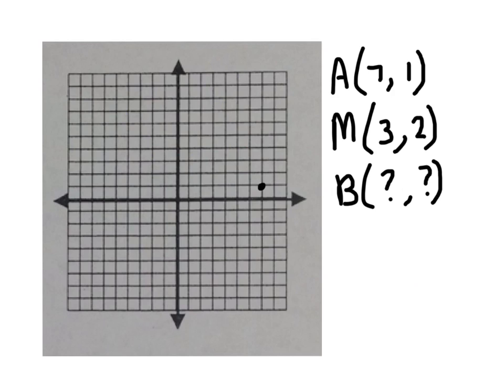So 7, 1 is where point A is. The midpoint's at 1, 2, 3, positive 2, and I'm asked to find the other endpoint. So basically I know this much of the segment. I have to continue it to figure out where the other end is.